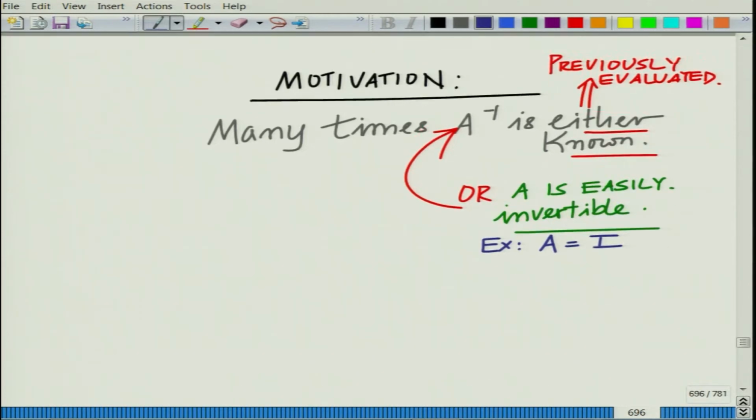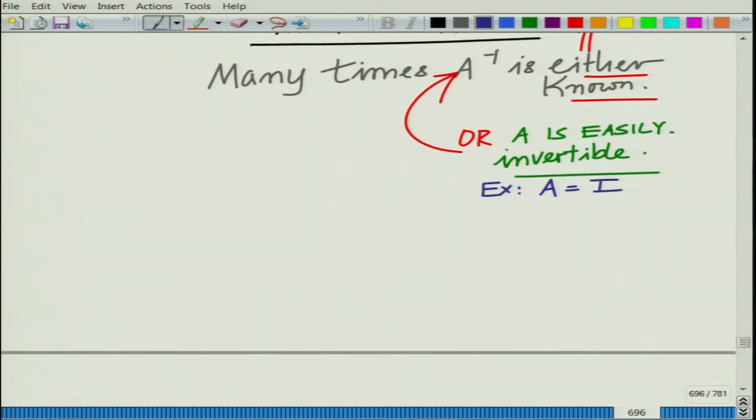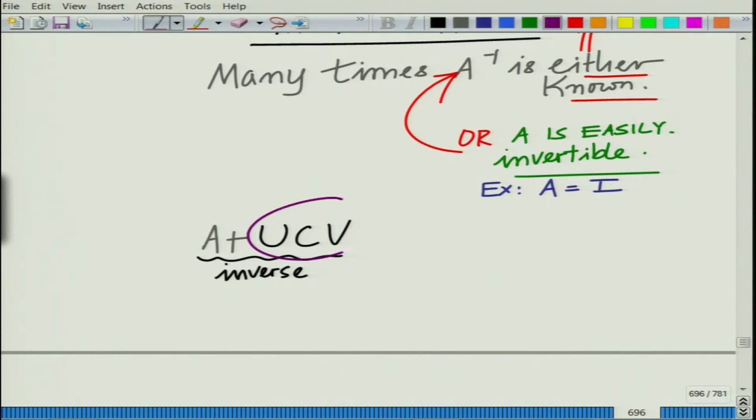So now what happens in such a scenario? Remember we are talking about this sum A plus U C V, and we are talking about the inverse of this sum. Now we want to specifically consider scenarios where UCV has a low rank, that is the key. For instance, what do we mean by that?